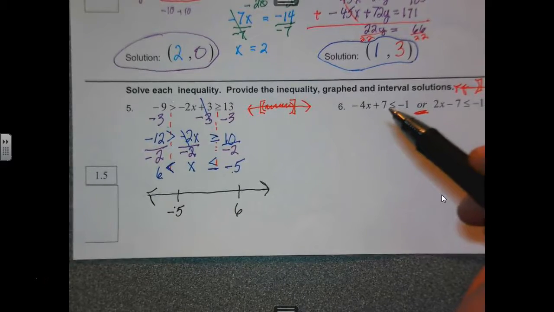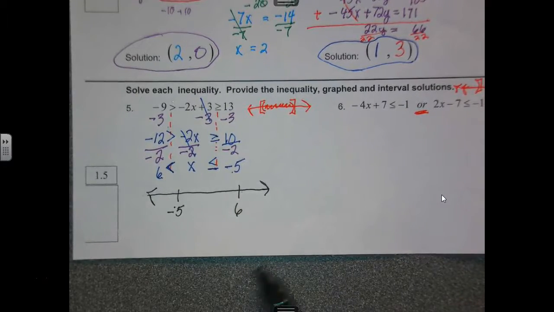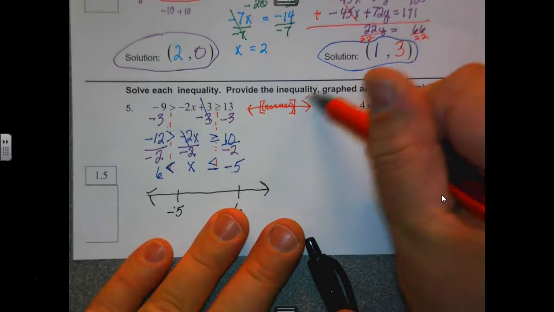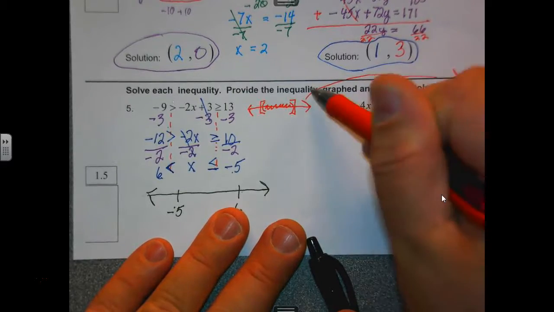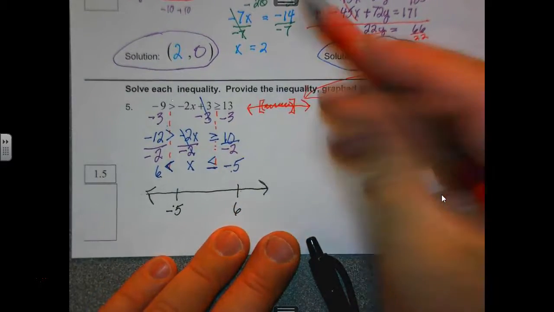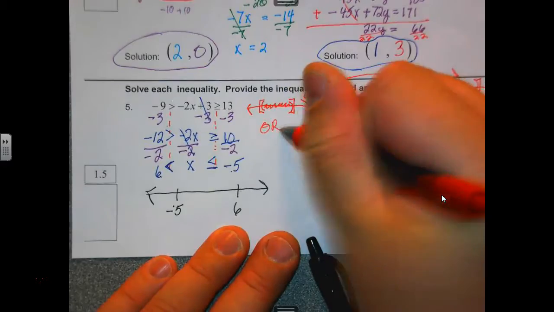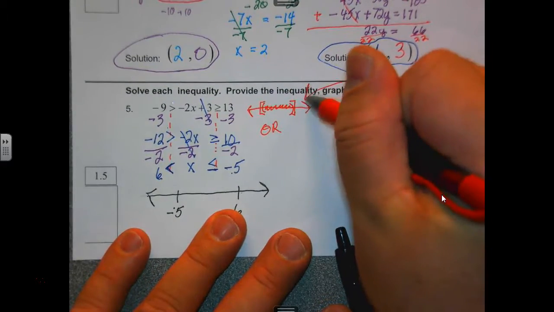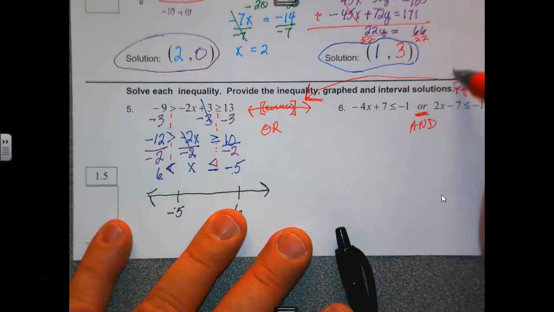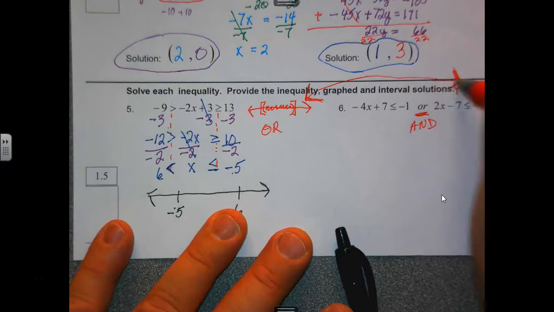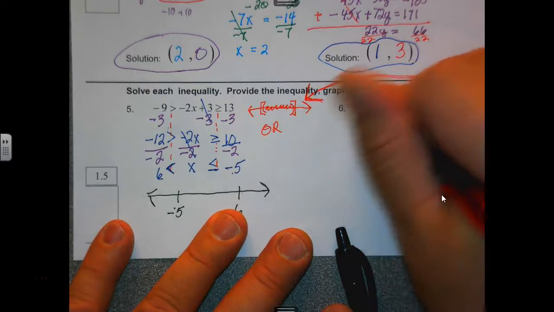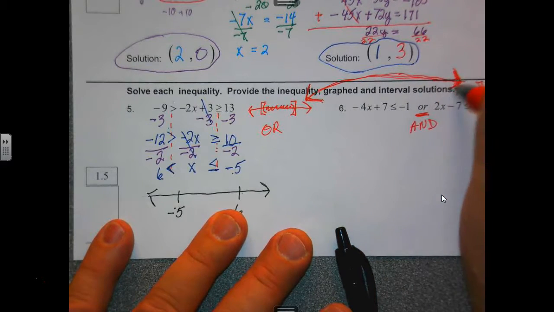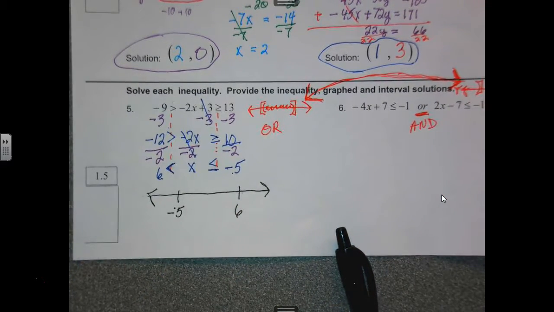This doesn't make sense. I think I screwed this up. Yep, I think these are the other way. This is an or problem. And this is an and problem. Yeah, that's what I get for not listening to Jacob. I should yell at him more.